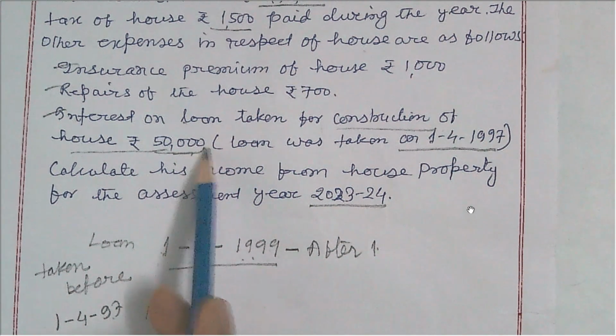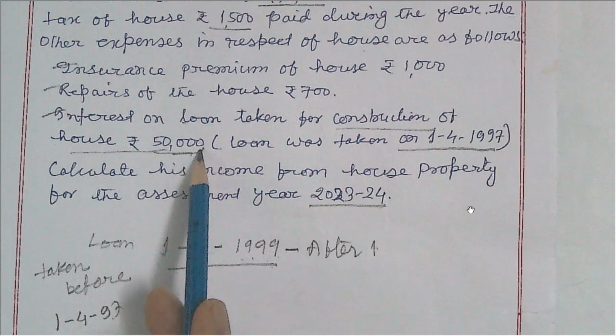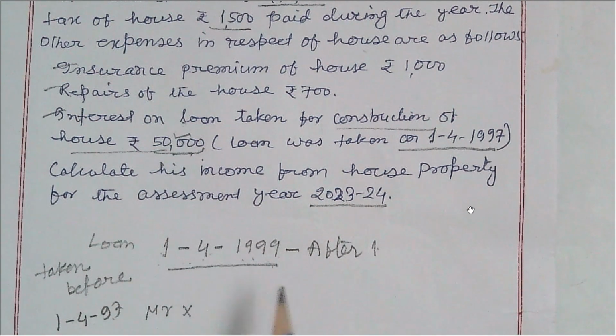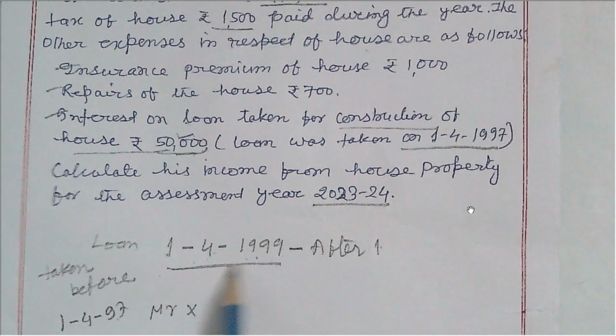He is still paying, and during the previous year 2022-23 he has paid 50,000. So then what is the importance of this date?